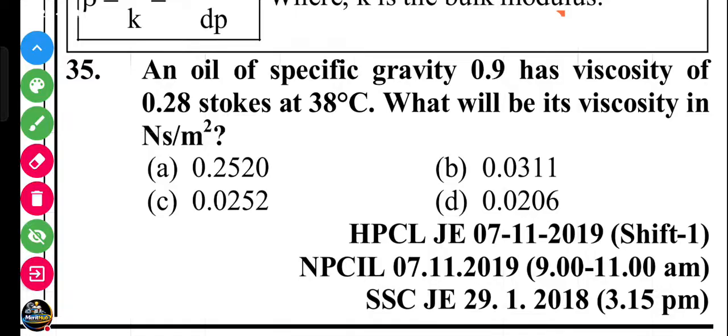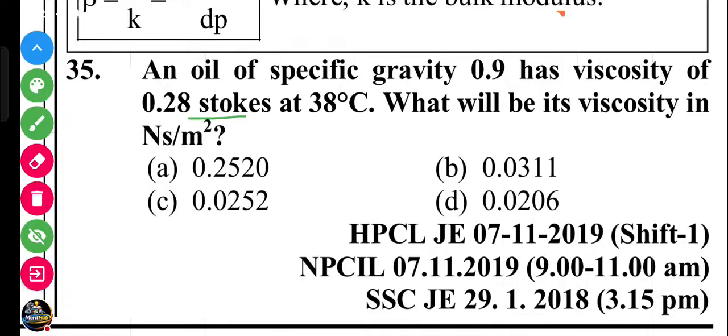An oil of specific gravity 0.9 has the viscosity of 0.28 stokes at 38 degrees centigrade. What will be the viscosity in Newton second per meter square? Stokes is the CGS unit, and we need the SI unit.